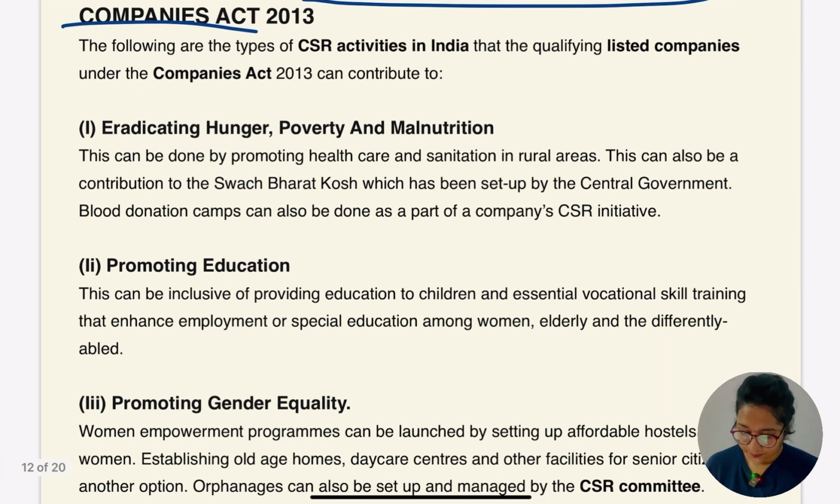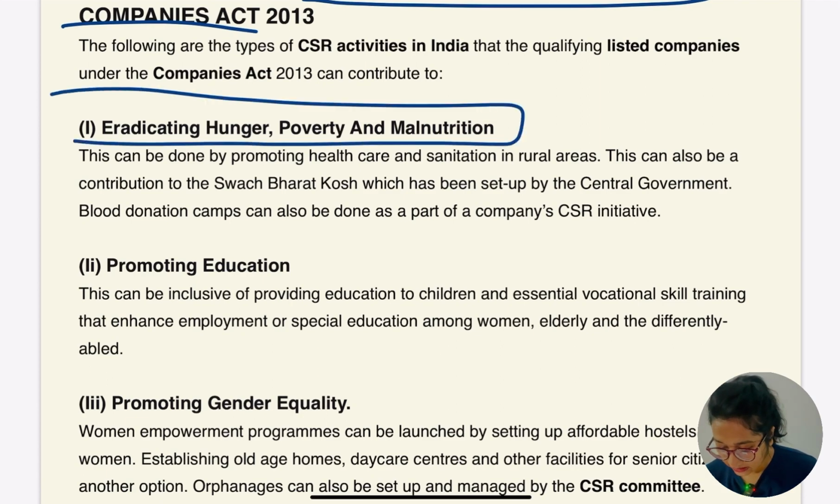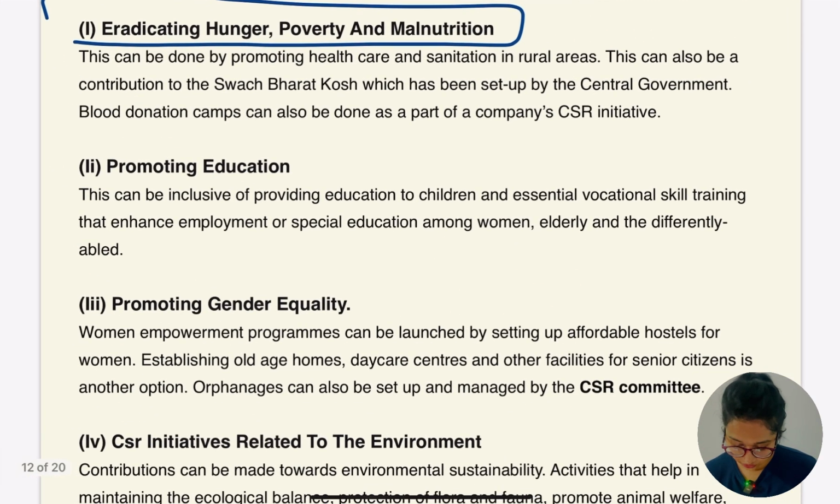So let's go to some of the activities. First is eradicating hunger, poverty and malnutrition. This can be done by promoting health care and sanitation in rural areas, which means apart from the company. We are not going to focus on the company, and we cannot say that this is CSR contribution, as that would not be included.